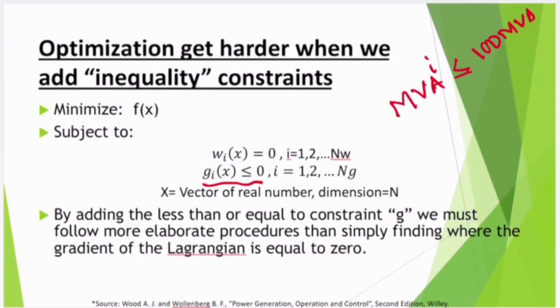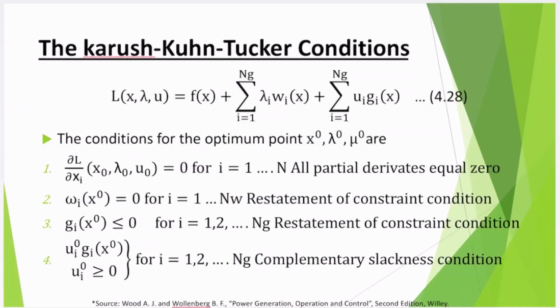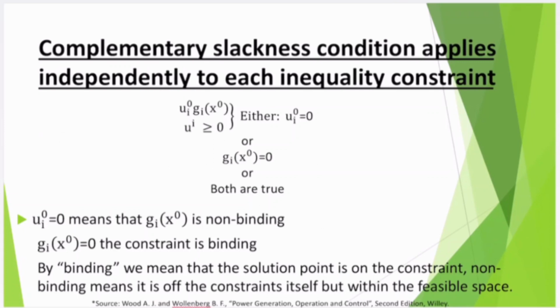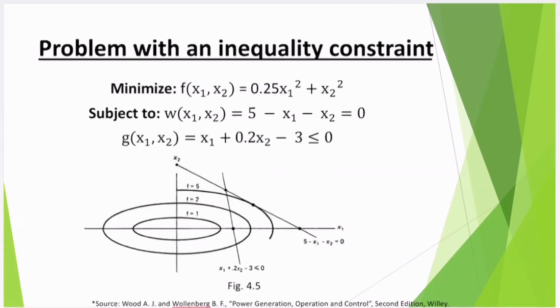So then we talk about the Kuhn-Tucker conditions, and then there are different applications of those constraints. And this is how the problem looks when we talk about inequality. You could see that this is my objective function, and there is an equality constraint as well as an inequality constraint.